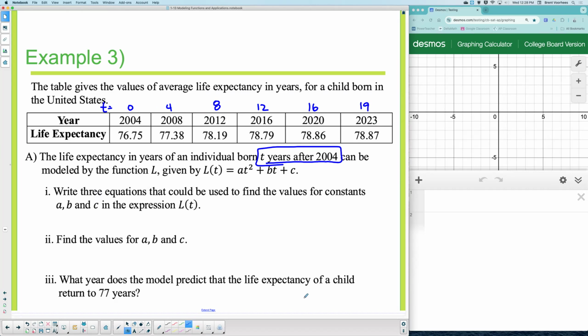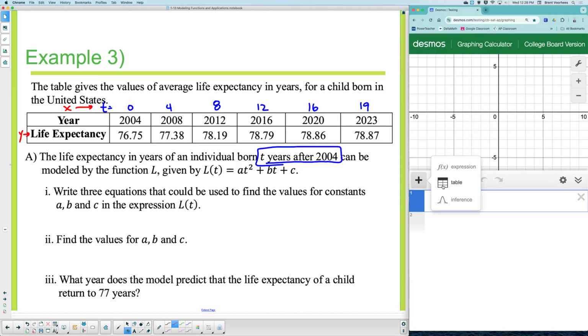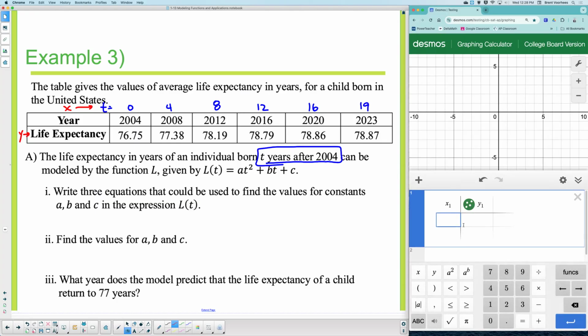Those are our T values. And T is in the place of what on this equation? Is T X or Y? T is your X. This would be our Y. Okay, we'll write 3 equations. We'll find A, B, and C, but I'm going to type in the calculator first. So I'm going to add a table. For the years, I'm going to do 0, 4, 8, 12, 16, and then 19.